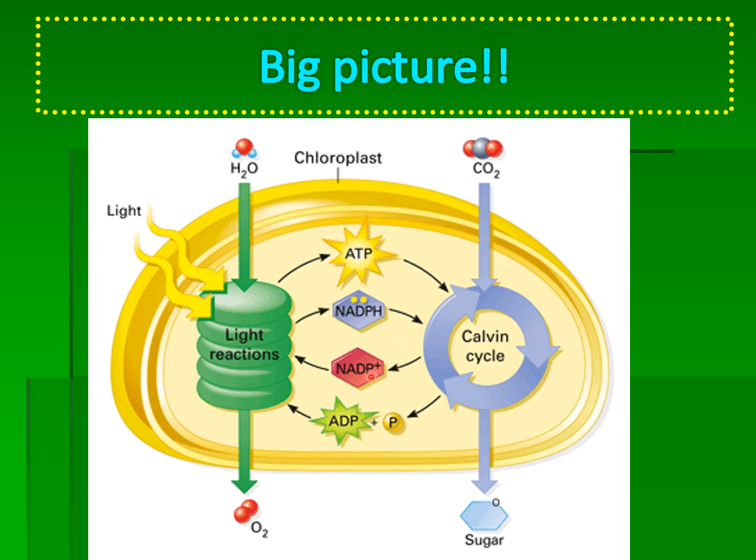These will be cycled. Once they are used up in the Calvin cycle, they will swing back through at the bottom. They'll go back through the thylakoids and they'll be recharged or reset so that they can be used again. So that's why it's showing a cycle.